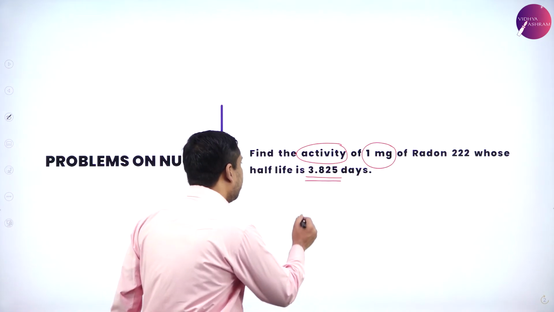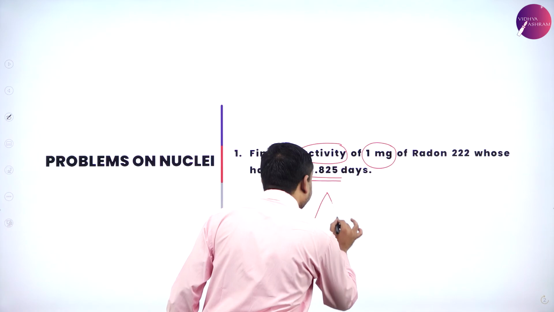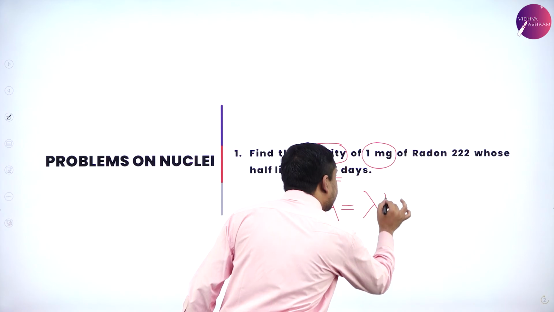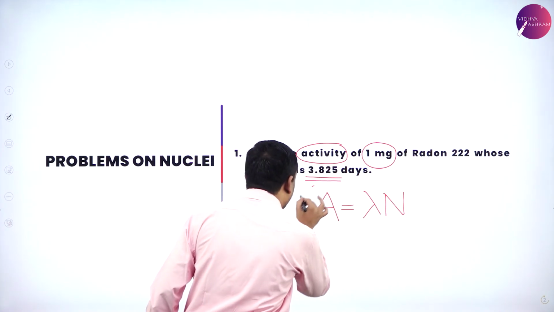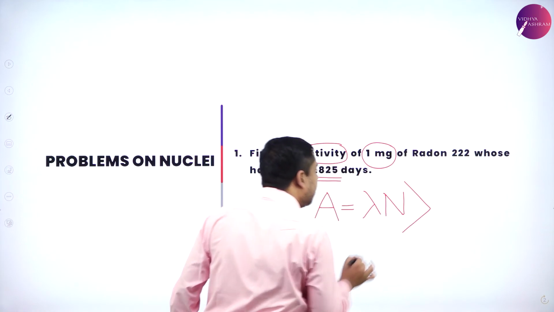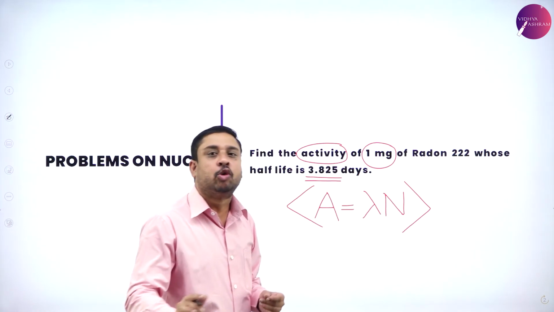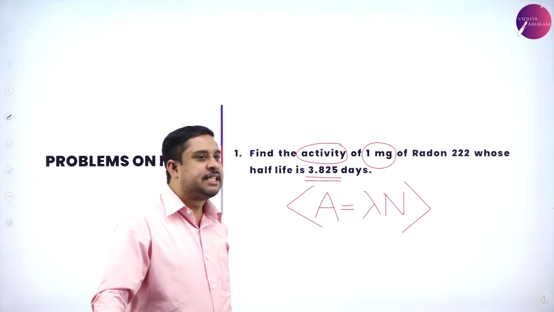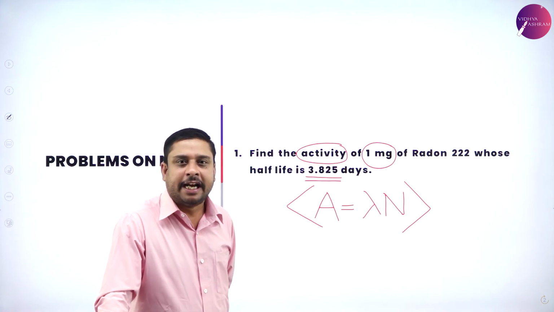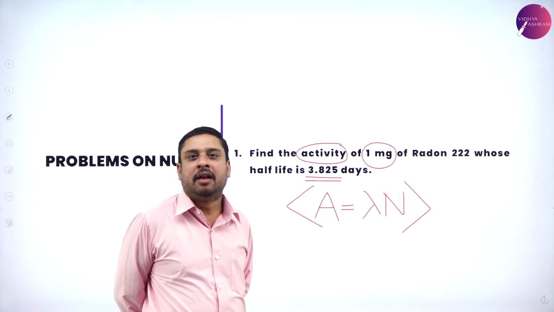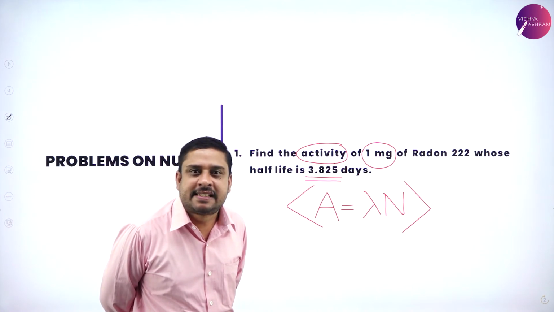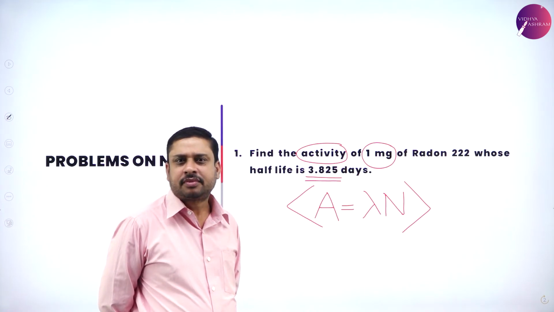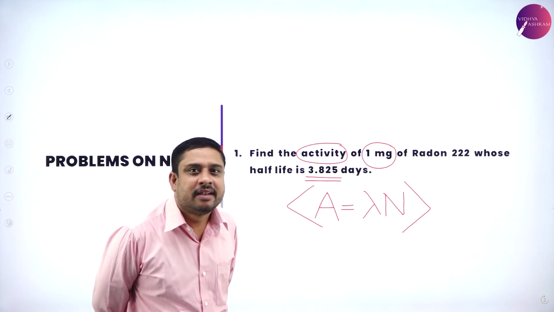Very good. We said activity A is always equal to lambda into N. Remember this? Activity of a radioactive sample is always equal to lambda into N. What is lambda?